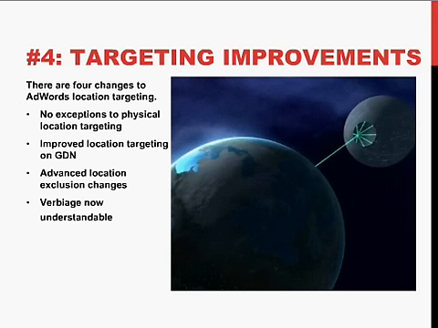All right, the second thing that I wanted to talk about is how they're doing location targeting on the Google Display Network, or the GDN. Some of you may know of the GDN as previously known as the Content Network. Let's talk about how it used to work. The Google Display Network used to really depend on the physical location.